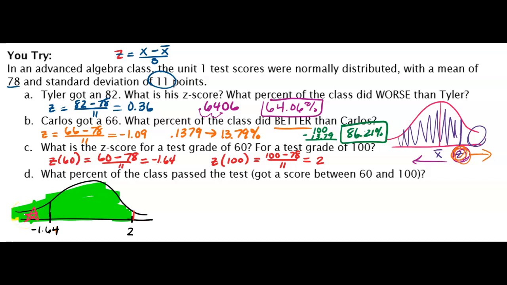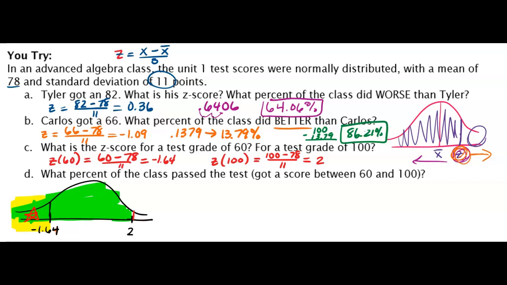So what I'm going to do is take the green section, which would be the percentage for a z-score that is 2, and I'm going to subtract the part that was originally yellow over here. If I subtract this part, I'll be left with just the green part that's in between those two black lines. So I have to take my two z-scores and figure out what the percentages are, and then I will subtract the bigger one minus the smaller one, and we'll be good to go.